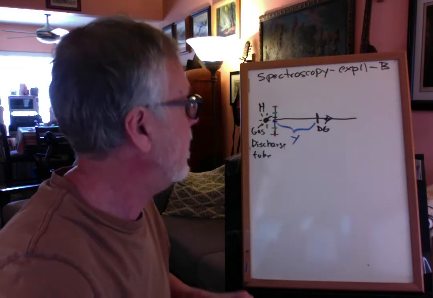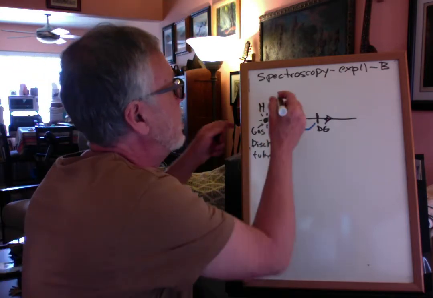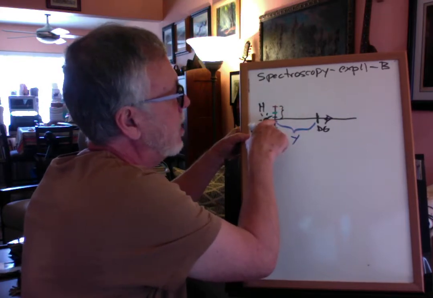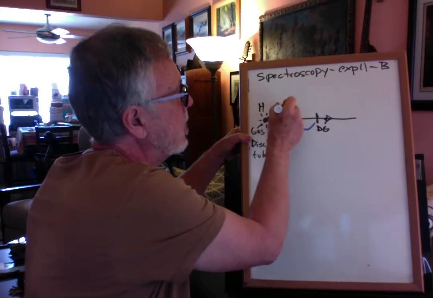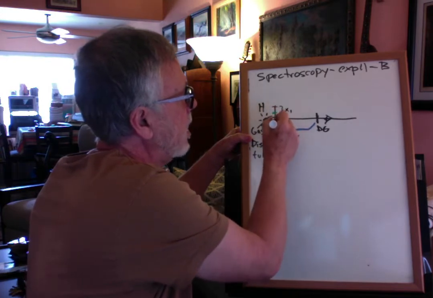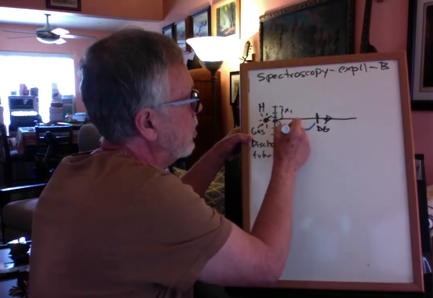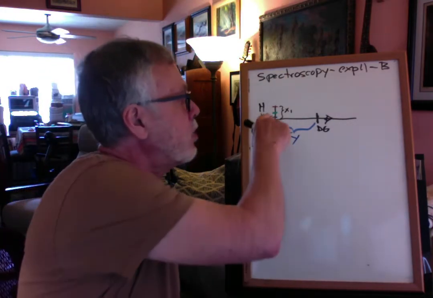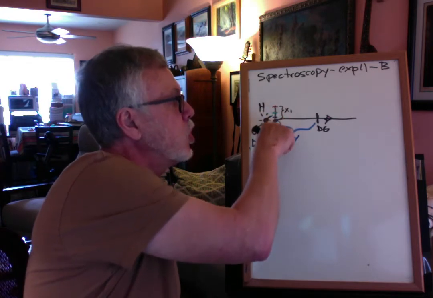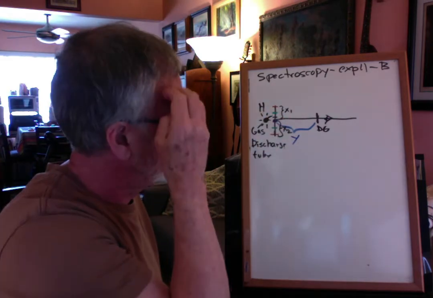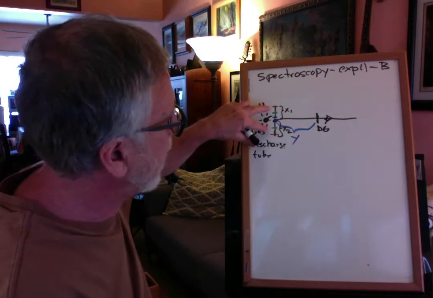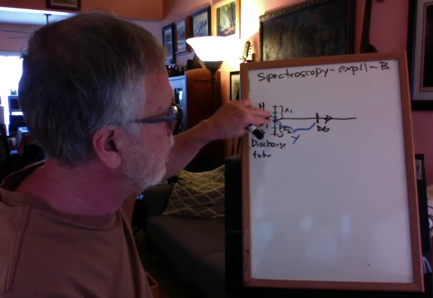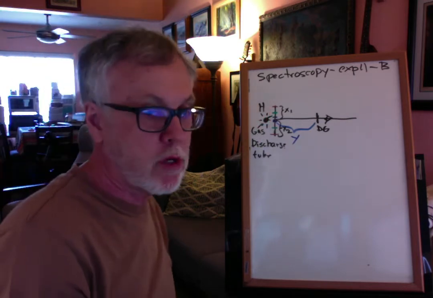Then your distance out to any particular spectral line, measured from the center of the small ruler out, is X1, let's say, and X2 for red. So for each spectral line, you have two measurements of X: two for the red for hydrogen, two for the aquamarine for hydrogen, and two for the violet of hydrogen. You would record that.